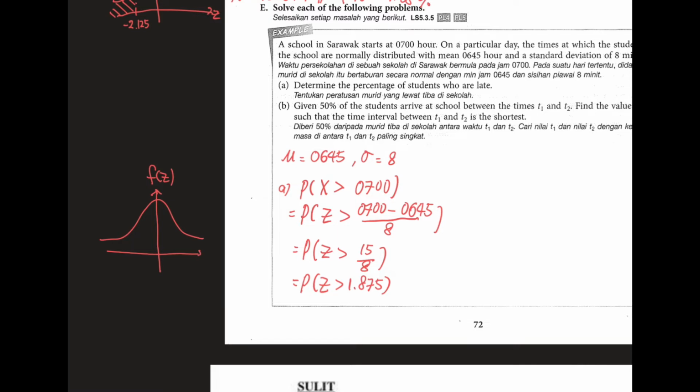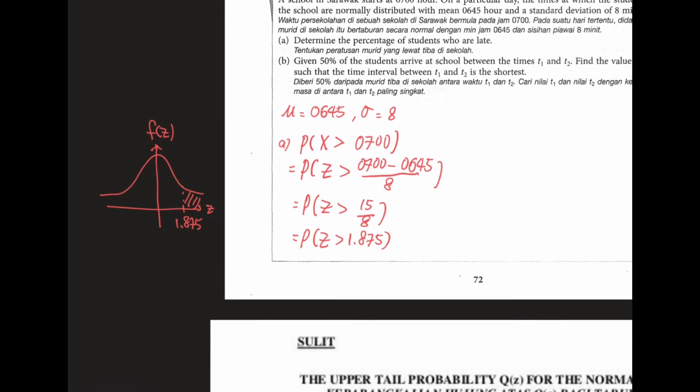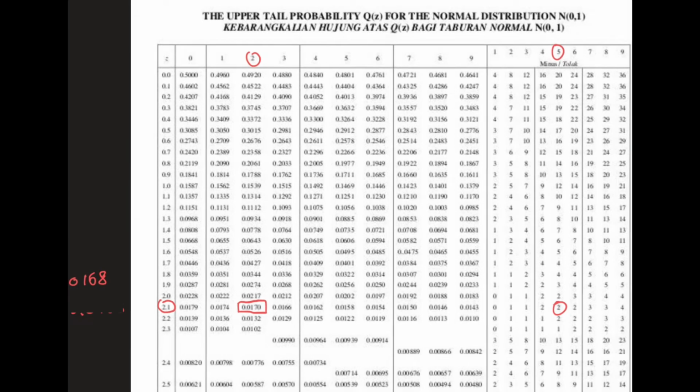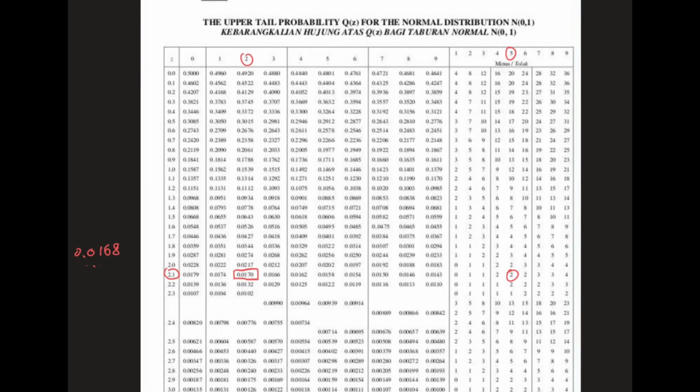So now let's see the graph. The f(z) is here, the z is here, 1.875, and we want more than it. Let's look at the table now.